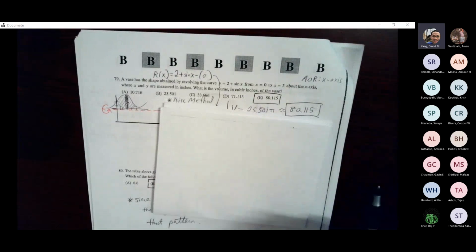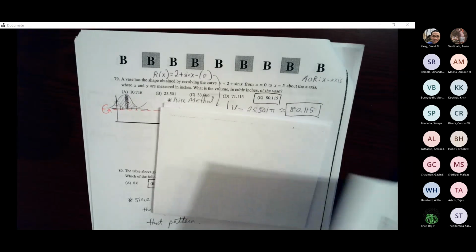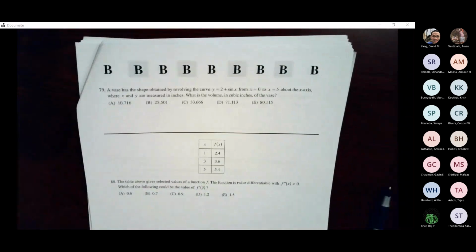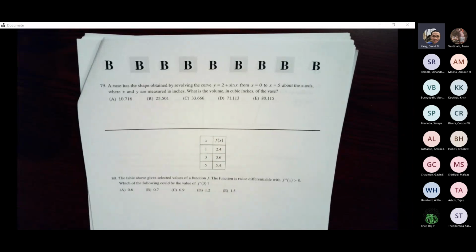Okay, 79, maybe I'll work this out from the beginning. A vase has a shape obtained by revolving the curve y equals 2 plus sine x from 0 to 5. So y equals 2 plus sine x, we can enter that into our calculator.